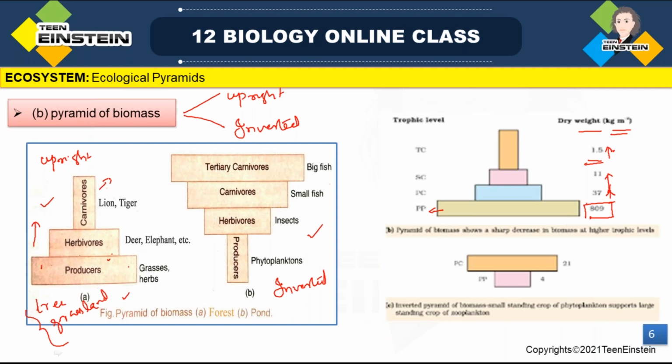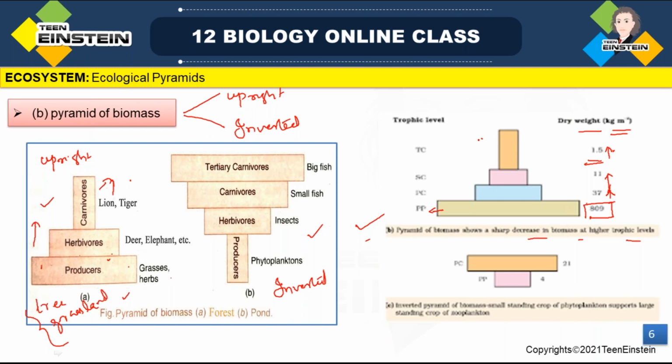In the bottom level it is more. When it is moving to the top level, the biomass is getting decreased. Here you can see this example of the pyramid of biomass, a sharp decrease of biomass at higher trophic levels.